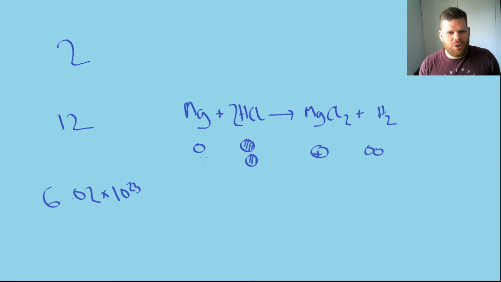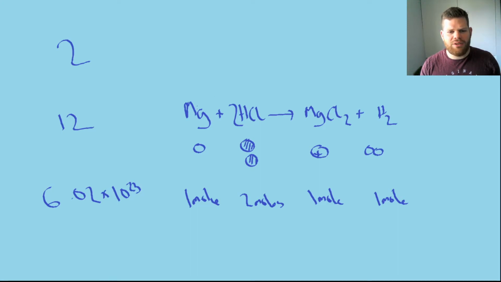Well, actually it's not just sort of 1 particle of magnesium reacting with 2 particles of hydrochloric acid. What this equation actually means to a chemist when they understand moles is it means that we have 1 mole of magnesium reacts with 2 moles of hydrochloric acid to form 1 mole of magnesium chloride and 1 mole of hydrogen. Well, how did I know that?